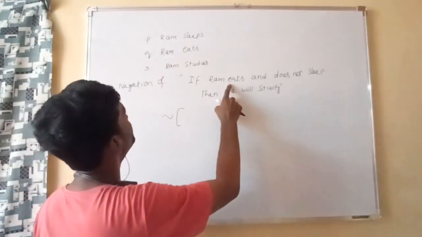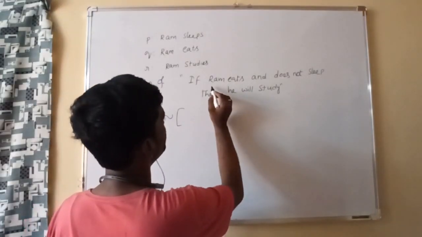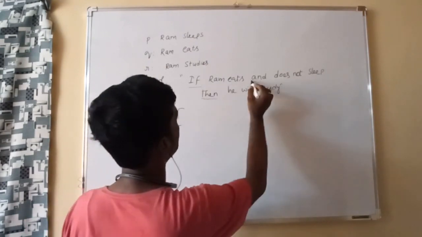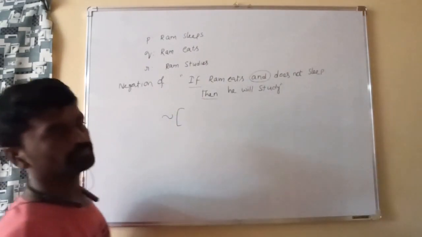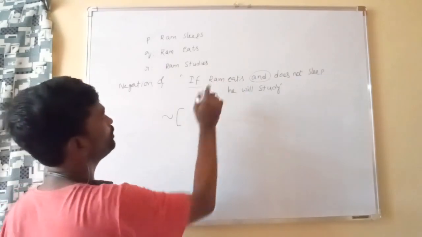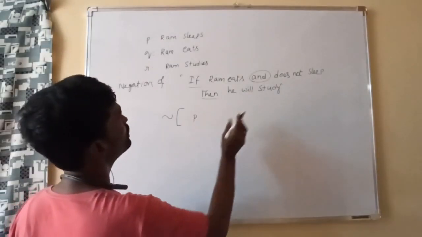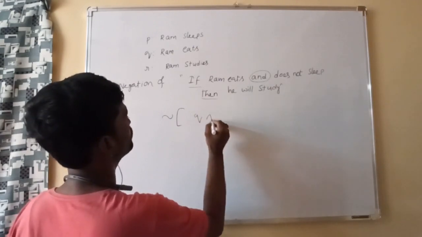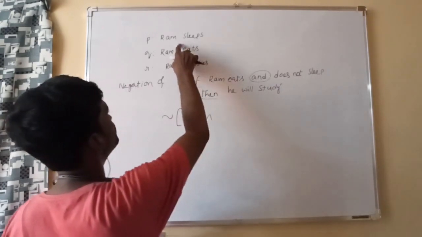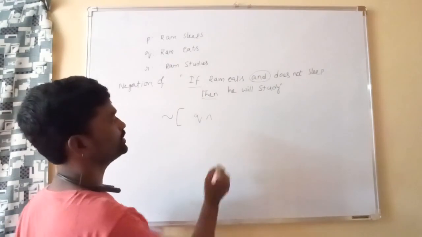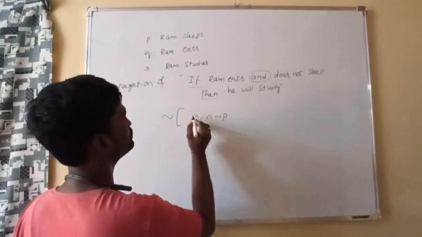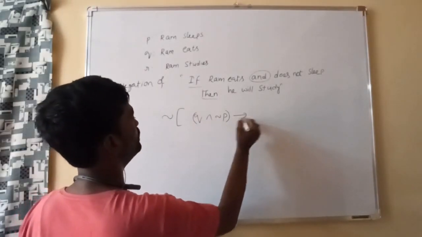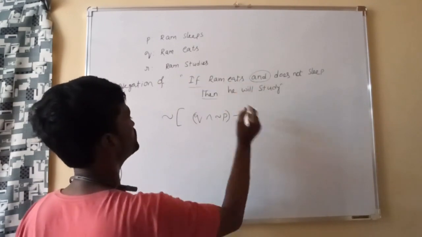So here again observe, if, then, and in between, and is there. Ram eats is denoted by Q, and does not sleep: sleep is P, does not sleep means negation P. Then implies he will study, that is small r.